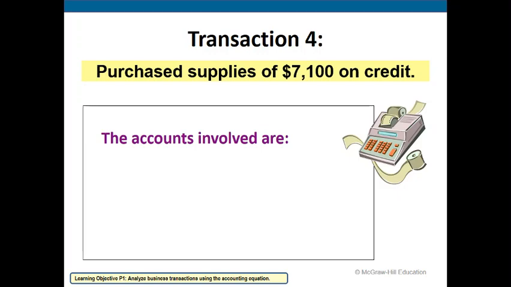And recall that under the matching principle or the expense recognition principle, we recognize an expense when it's incurred, not when it's paid. And so we're going to open up a liability account called accounts payable, and it's going to increase accounts payable by $7,100. It's going to increase our supply account by $7,100.